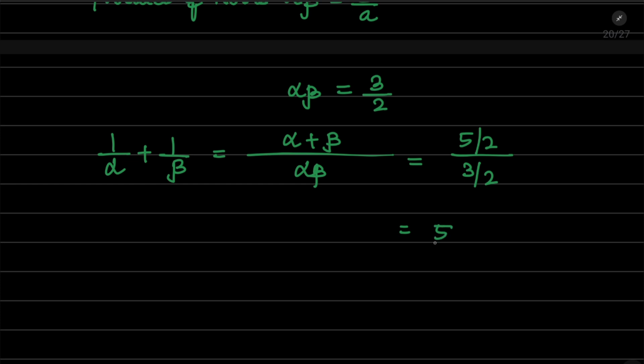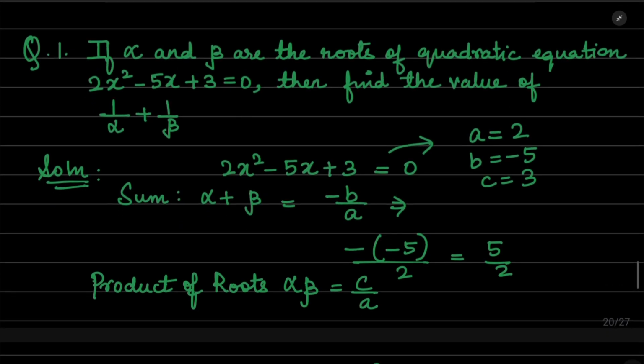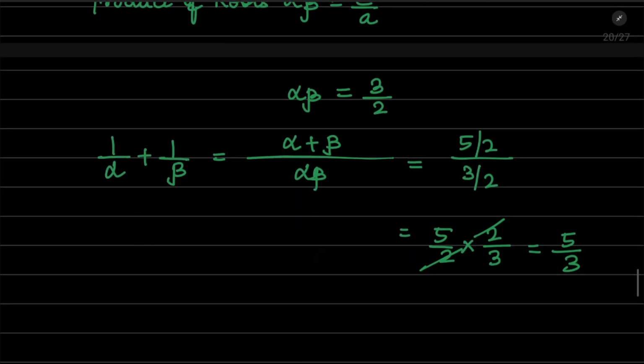When the denominator is a fraction, you can take the reciprocal of it, which is 2 by 3. 2 and 2 get cancelled. So the answer is 5 by 3. So 1 by alpha plus 1 by beta is nothing but 5 by 3. Okay, so you get 2 marks for this. It's a 2-mark question.